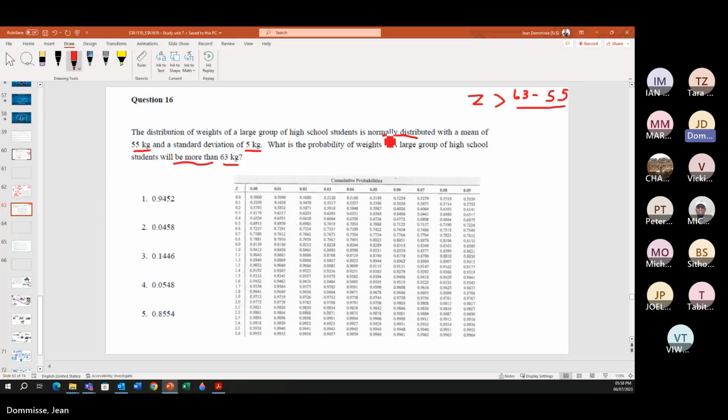Interesting, in here, they don't tell us how big or how many students. Okay, so in this instance, they don't tell us N, so we just work like in study unit 6.